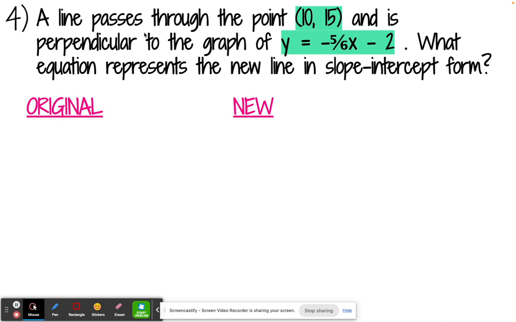Okay, now I'm going to do a line that passes through 10, 15 that is perpendicular to this equation. I write my original equation over here. y equals negative 5/6 x minus 2.